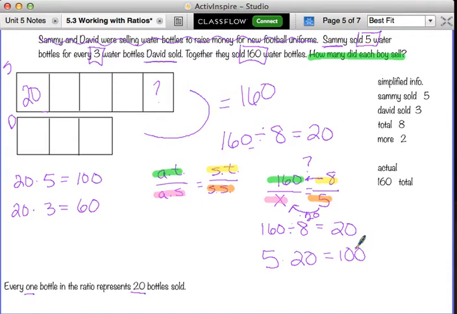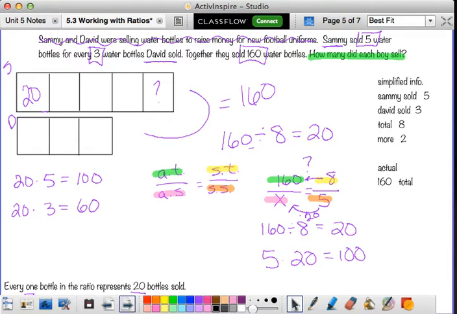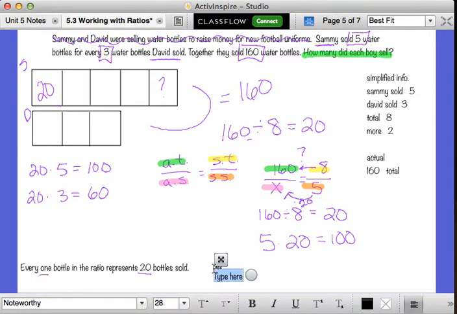And since X is representing the actual amount that Sammy sold, I know he actually sold 100. And then again, I can subtract. Since 160 were sold, 160 minus 100 gives me 60, so that is the amount that David sold. So then I know that Sammy sold 100 bottles. And I can even say when Sammy sold 100 bottles, David sold 60.